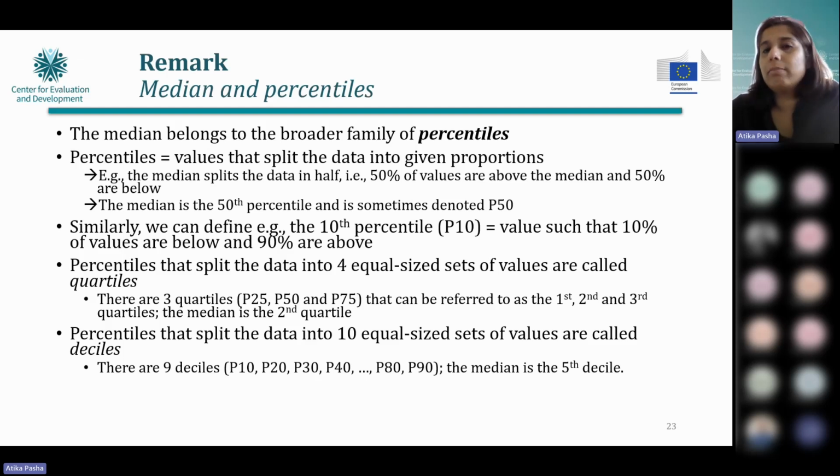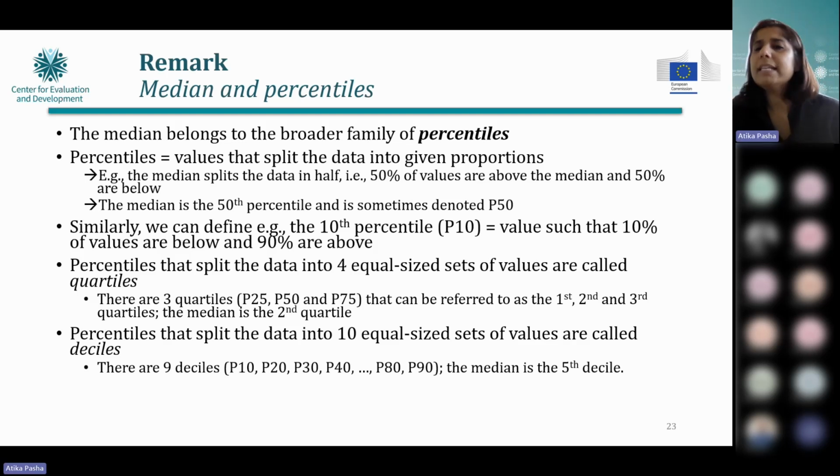Quick remark on what the median implies. Because I talked about an even split at 50%, it also implies that the median belongs to the broader family of something called percentiles. Percentiles are simply values that split the data into different proportions, which could be, for example, 50%, which is the median.